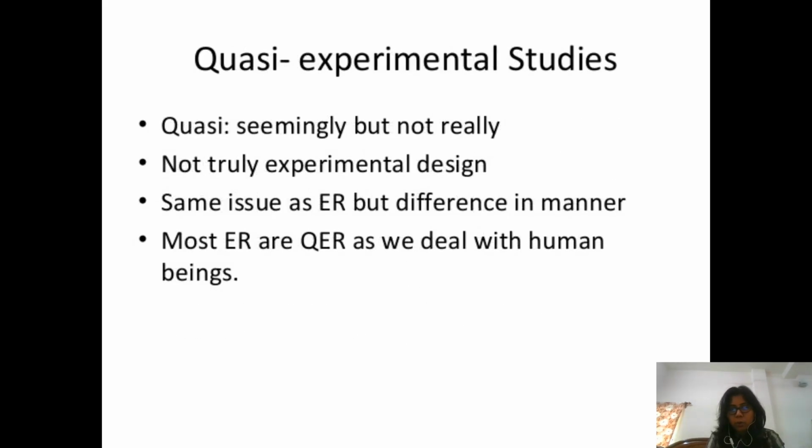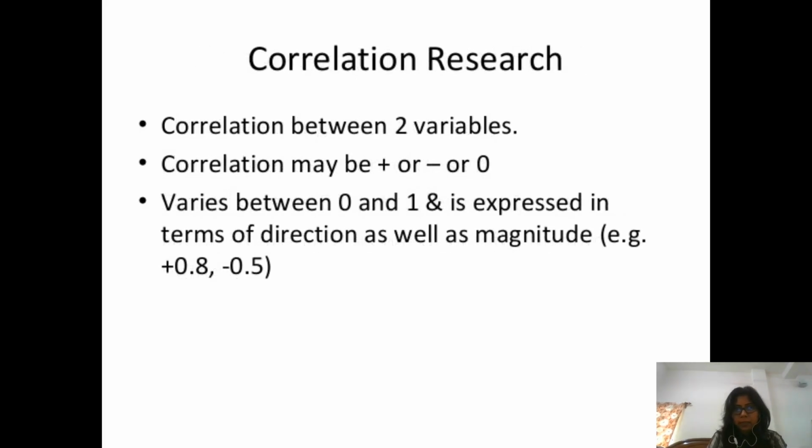In case of quasi-experimental study, quasi means seemingly but not really, not truly an experimental design, the same issue as the experimental design but different in manner. Mostly the experimental researches are quasi-experimental as we deal with human beings.